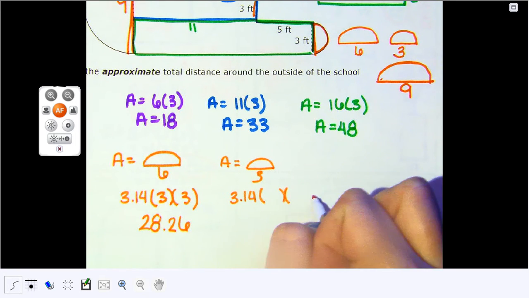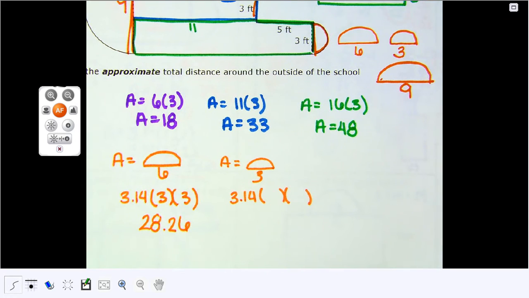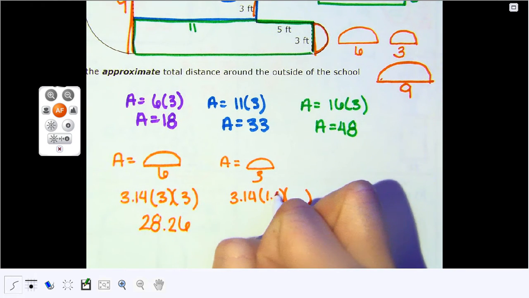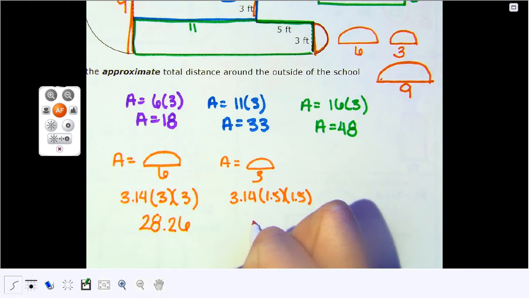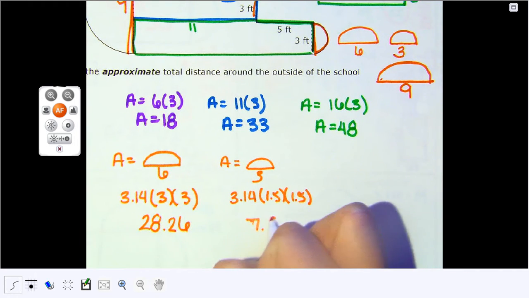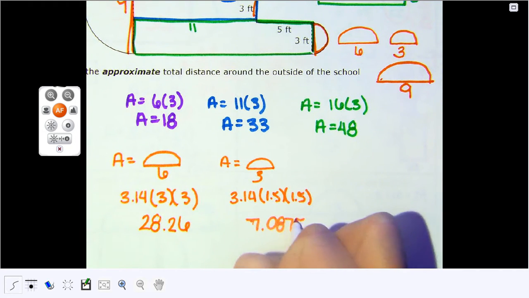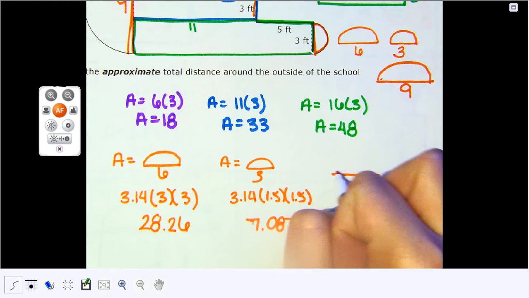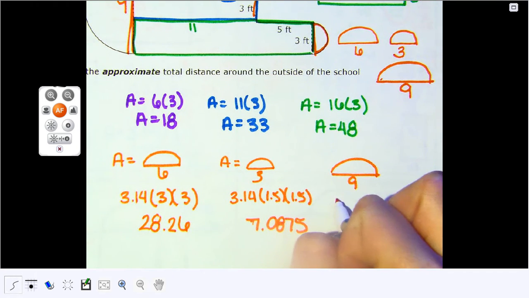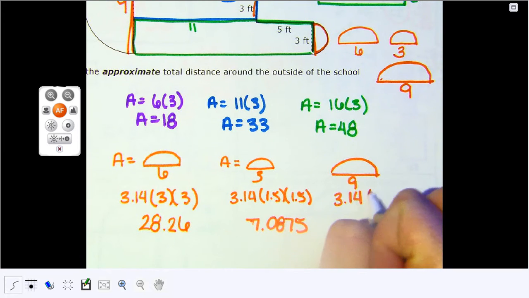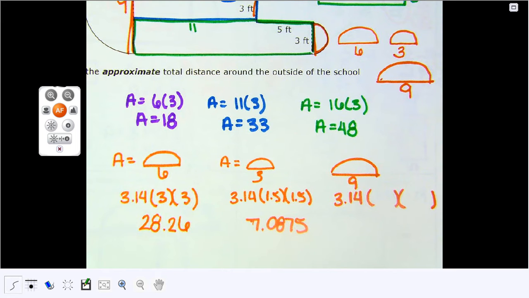Make sure you don't plug 3 in because it asks for the radius, and the radius would be 1.5. And then that area is 7.0875. And then the next one, 3.14 times 4.5 times 4.5.